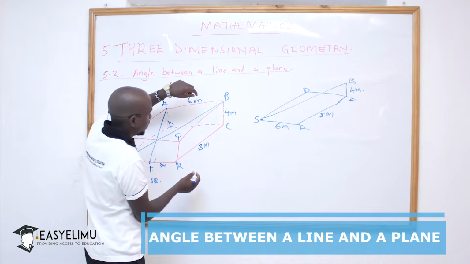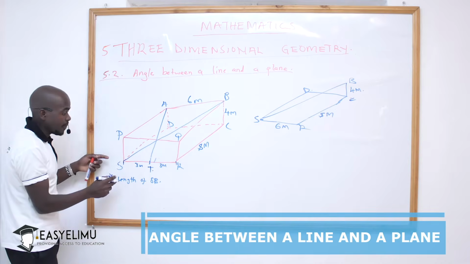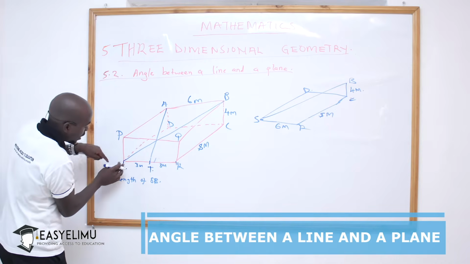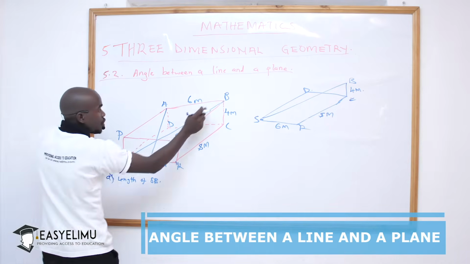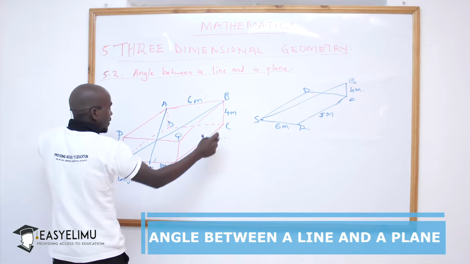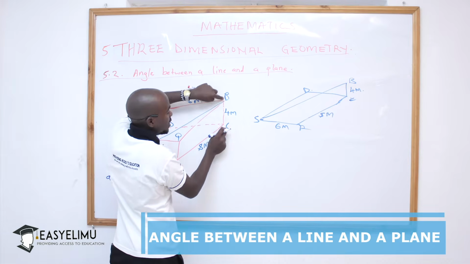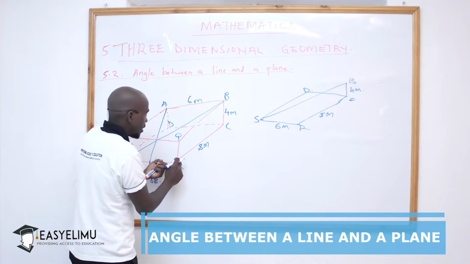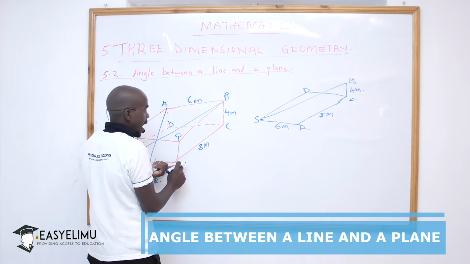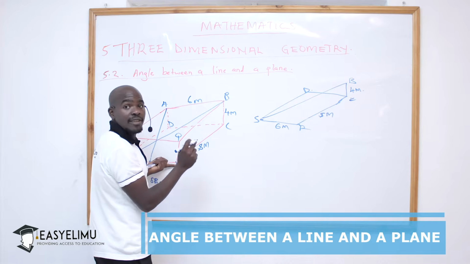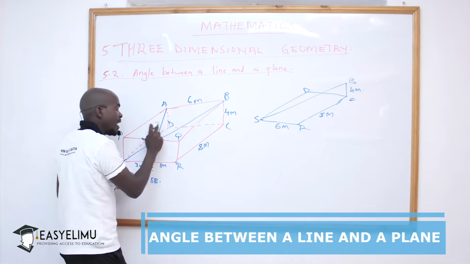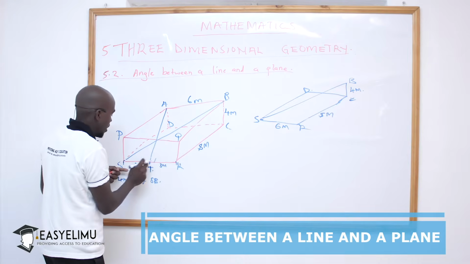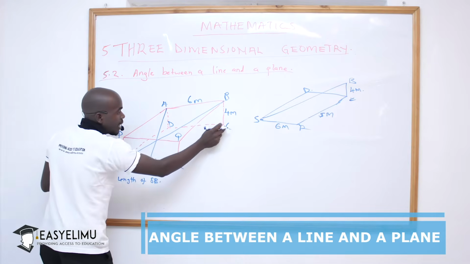So the SB line is from this point to here, which we don't know what length it is. But remember, BC is 4 meters because it's the height of the tank, and 8 meters, which is RC, is the length of the plane which we have here as SR.